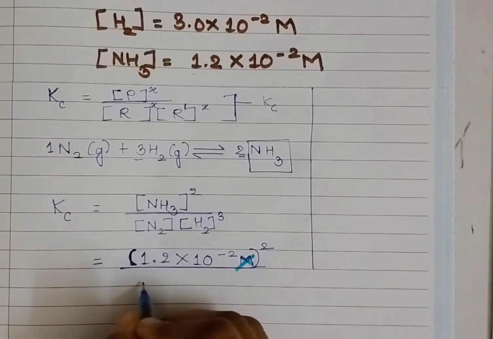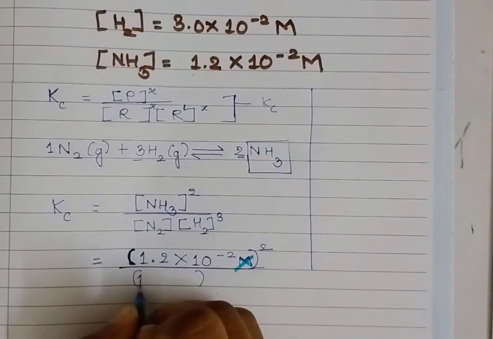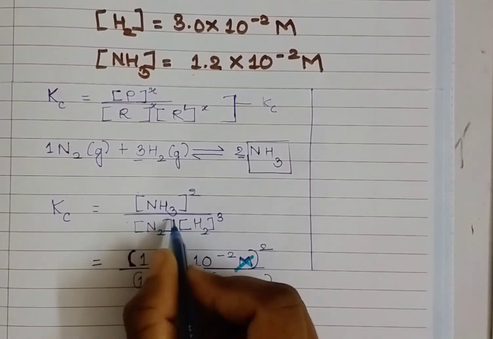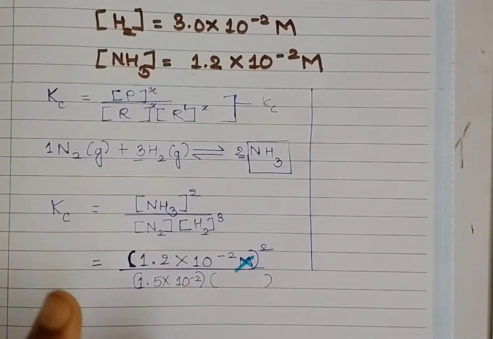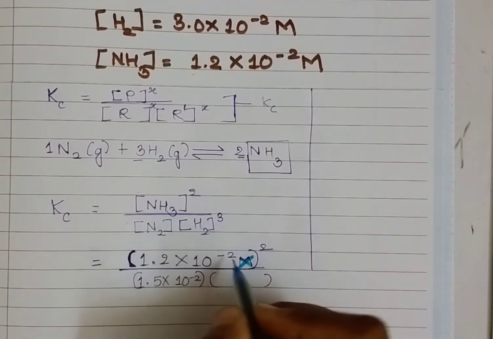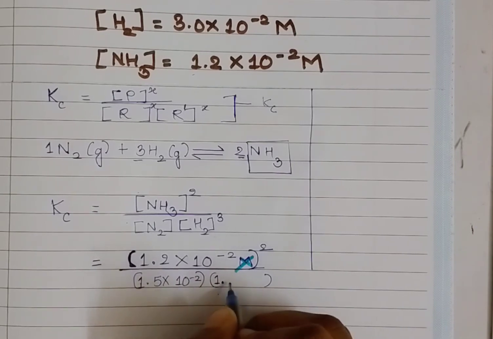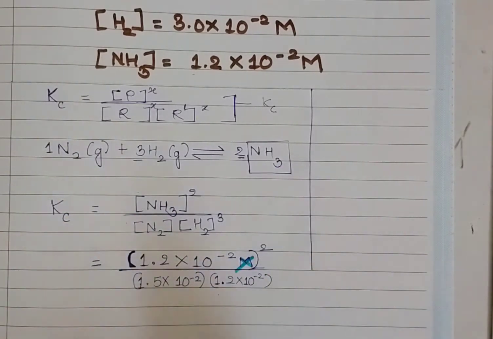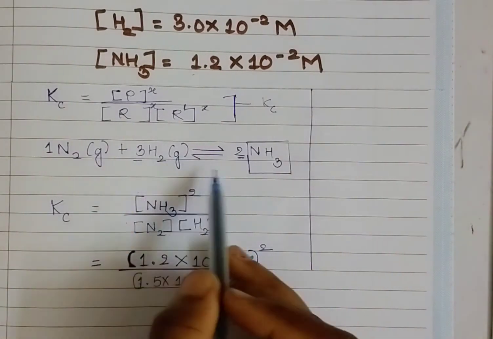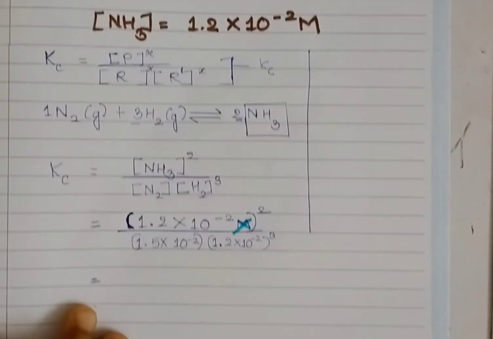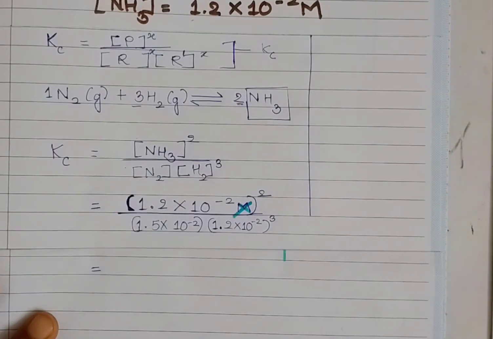And then this also will change the bracket. N2's value is 1.5 into 10 raised to the power minus 2. And H2's coefficient is 3, so we write 3. H2's concentration is 3.0 into 10 raised to the power minus 2. We will not write the M. Now we're solving the question, okay? And we're going to get the answer.